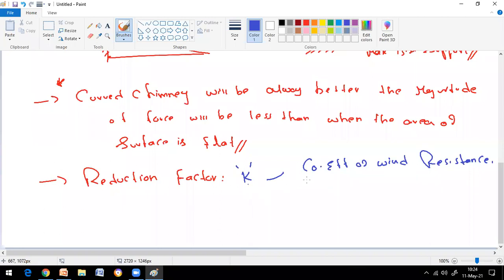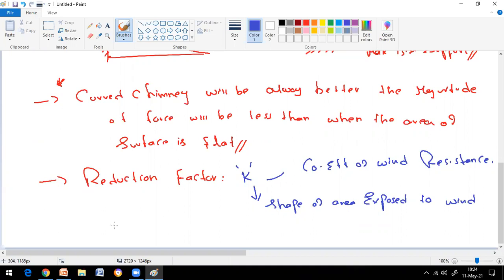This K factor is nothing but the coefficient of wind resistance, which always depends on the shape of the area exposed to wind.